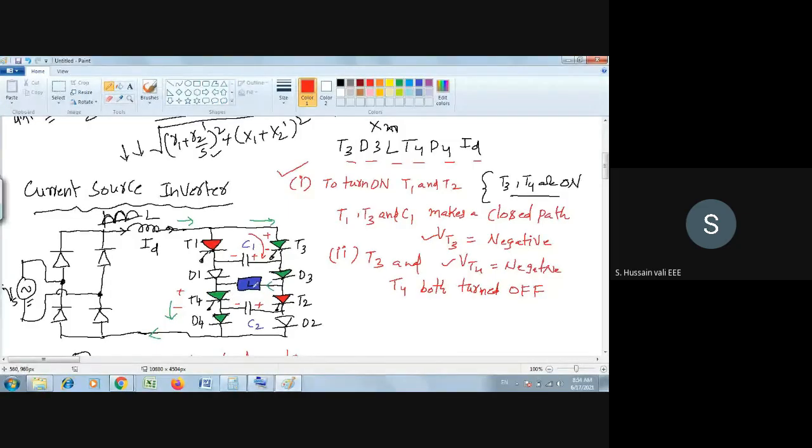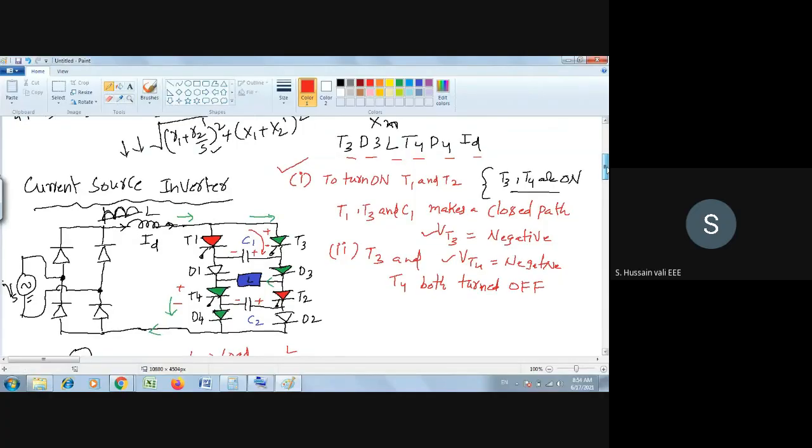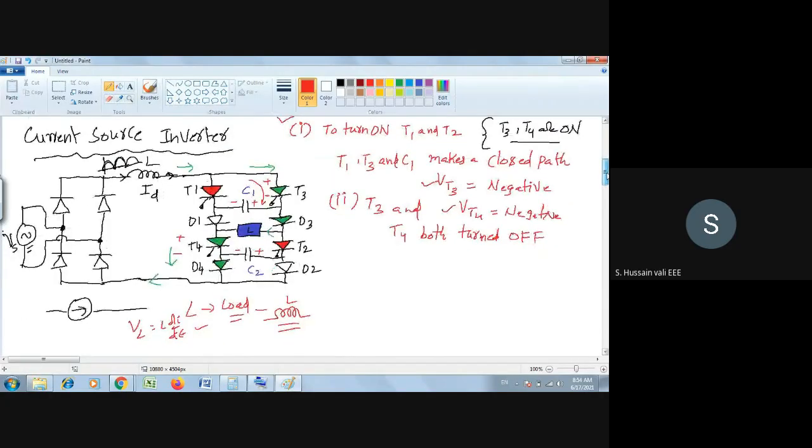Okay, now let's see what's next. What exactly happens now? You turn on T1. I will redraw the circuit diagram so that you will understand. So what is the status now?